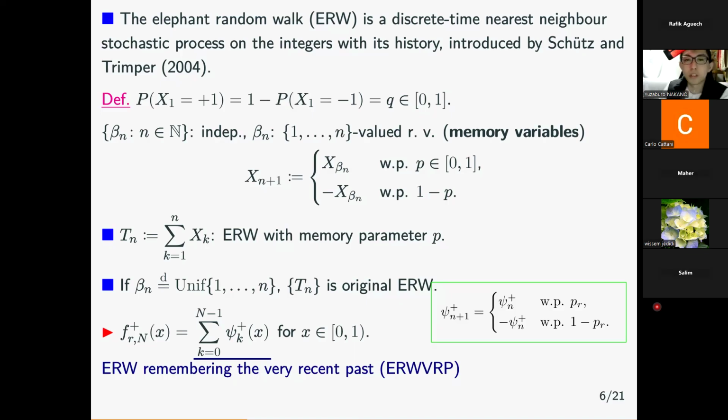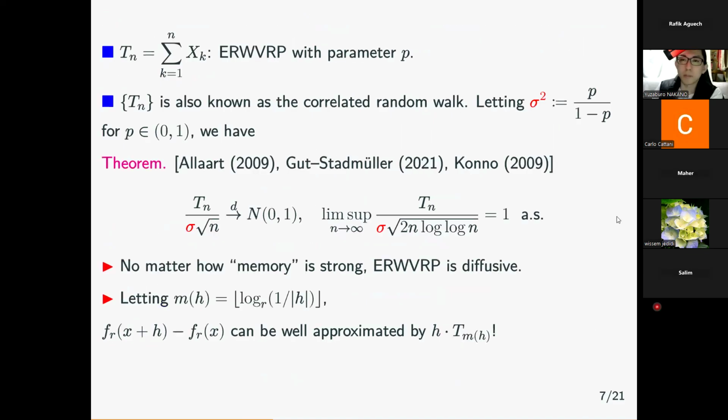Okay, next, we are considering the limit theorems of the elephant random walk remembering the very recent past. Tn denotes the elephant random walk remembering the very recent past, with parameter p. We introduce Tn as an elephant random walk, but Tn is also known as the correlated random walk, and limit theorems for correlated random walks are studied by many authors.